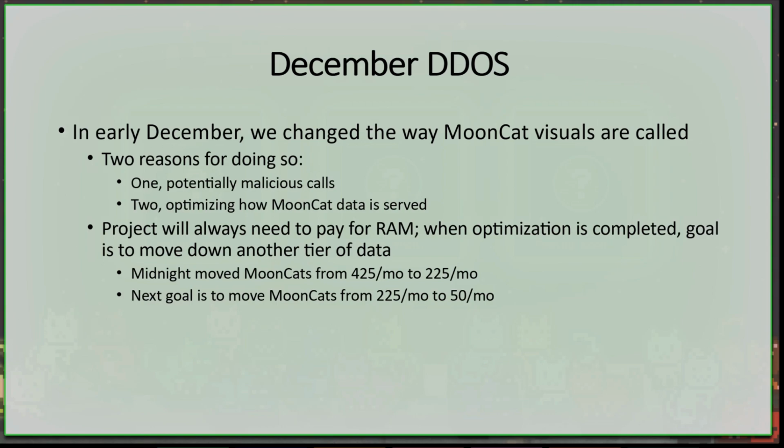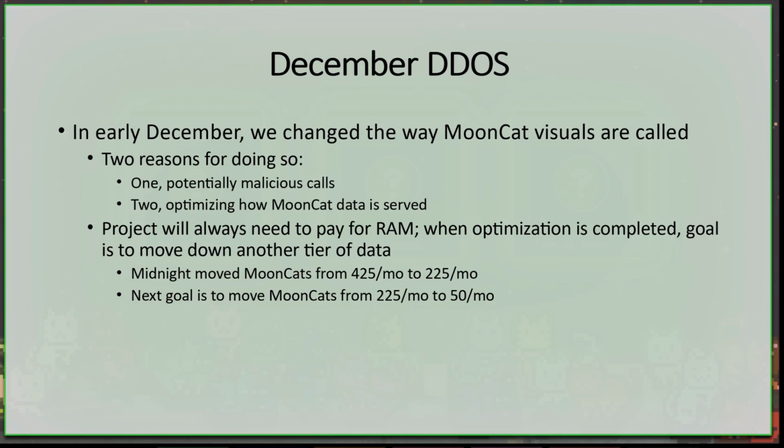One of the costs that will always be ongoing, that never goes away, is that MoonCats will always need to pay for some form of RAM. When this optimization is completed, because it is something we have continued to monitor through January and done some tweaks on, we'll continue to monitor moving forward.